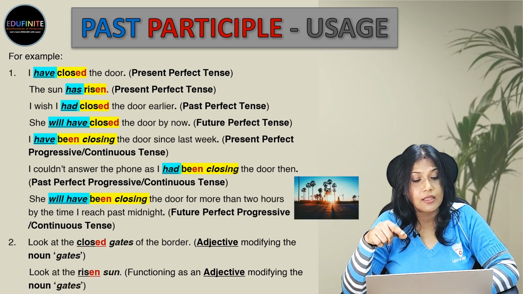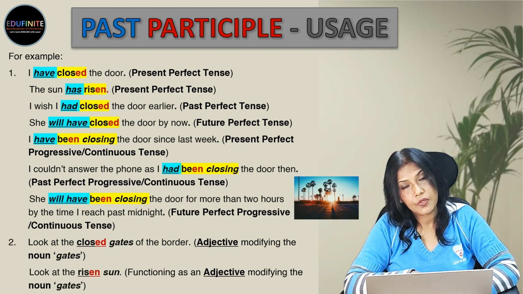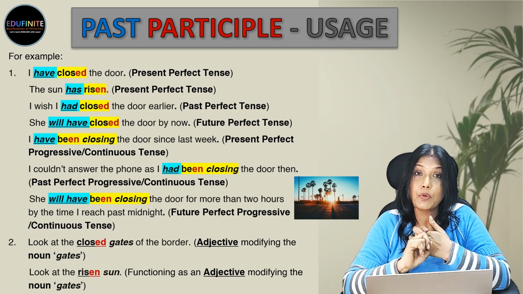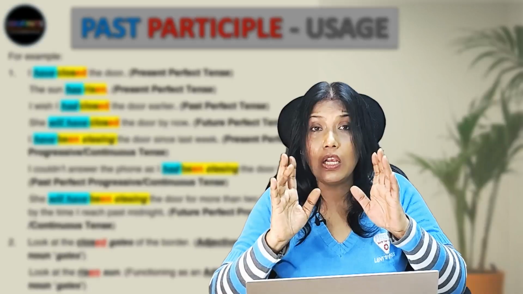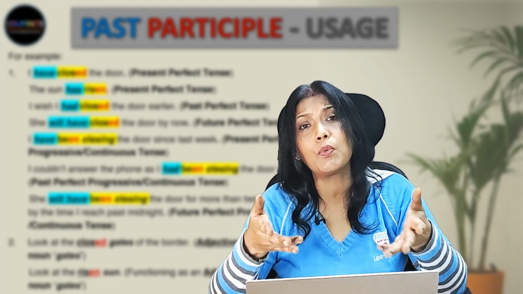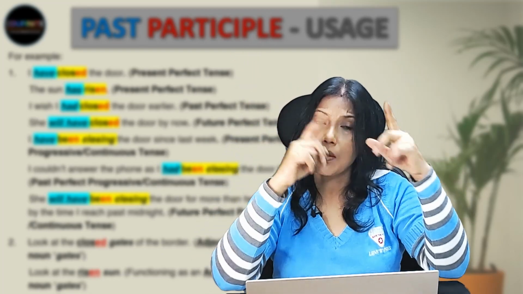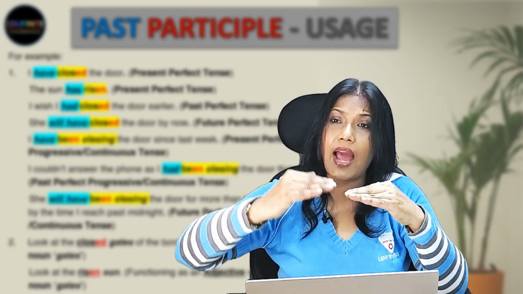Now, look at the risen sun. Again, here we have used the past participle of the verb "rise," "risen." What does it mean? The sun has already risen. If you use the present, "look at the rising sun," that means the action is continuing.